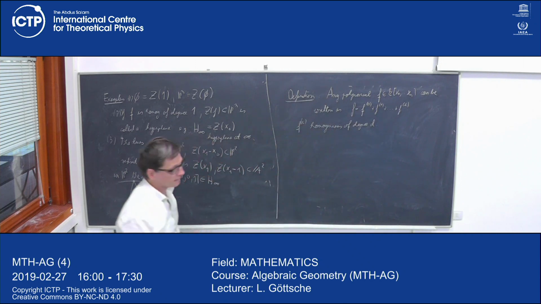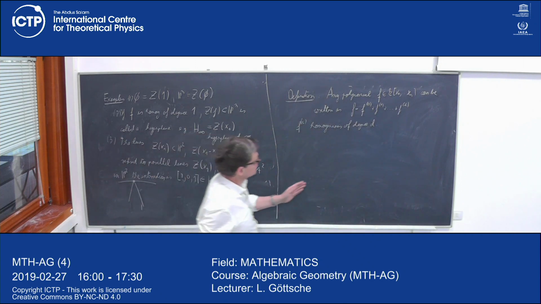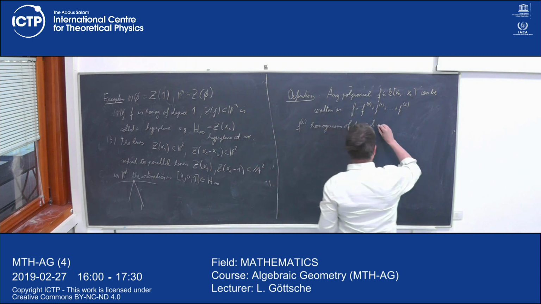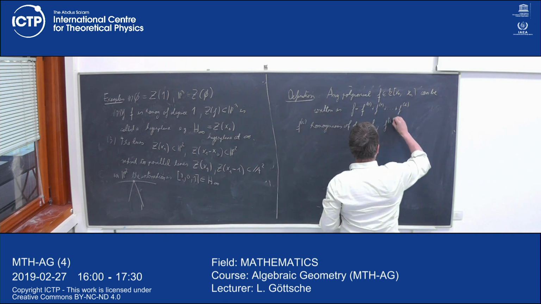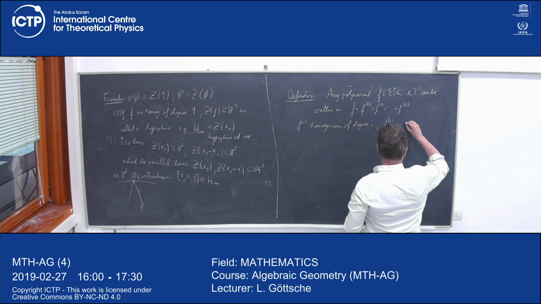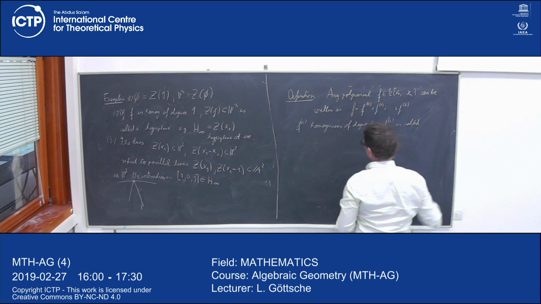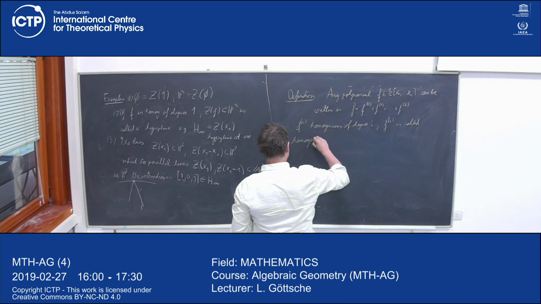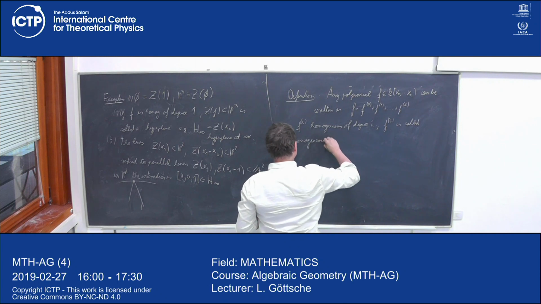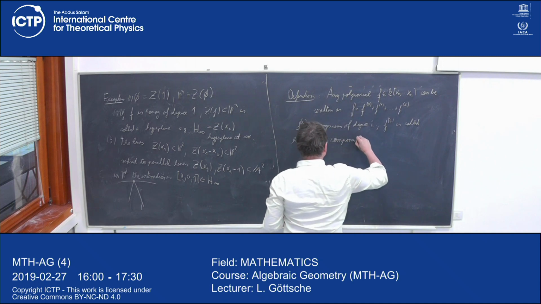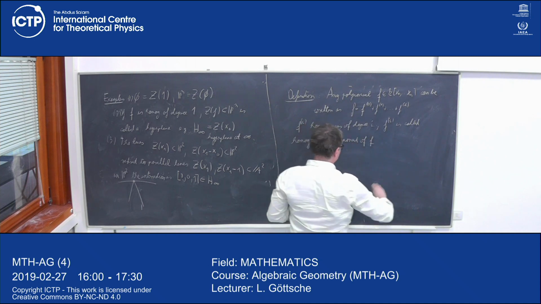In a unique way, I can write it like this. Just fd is grouping together all the monomials of degree d. So fd of degree d is called the homogeneous component of f of degree d.